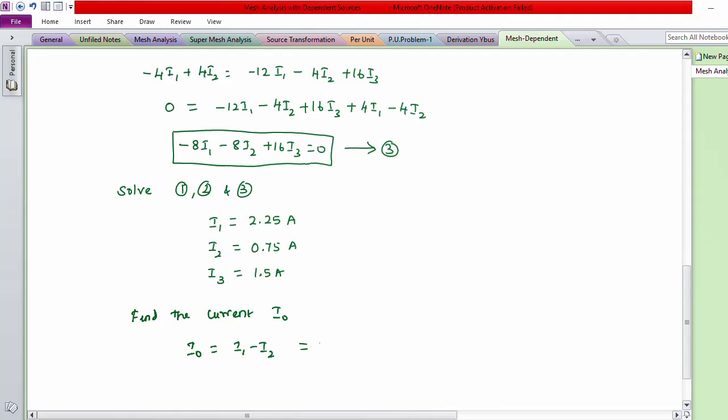We know that the I1 value is 2.25 and the I2 value is 0.75. If we simplify that, we will get I naught equal to 1.5 amps. Thank you.